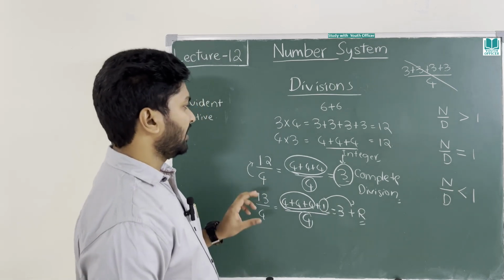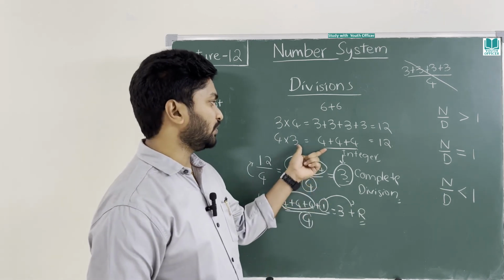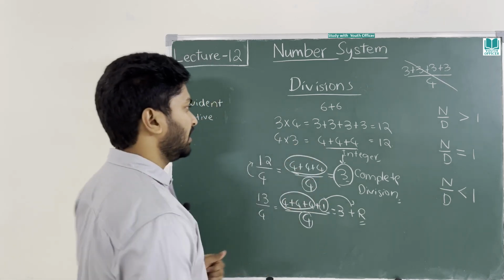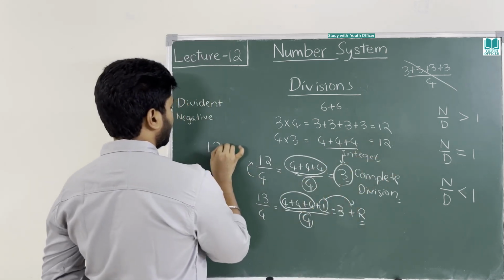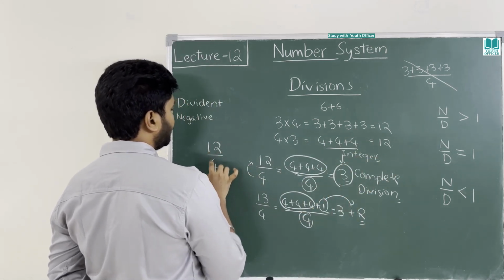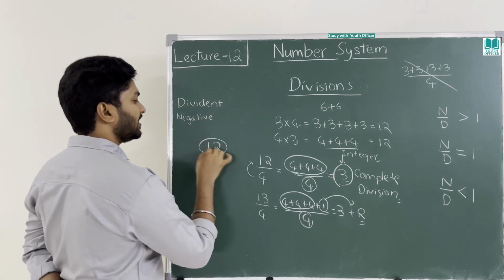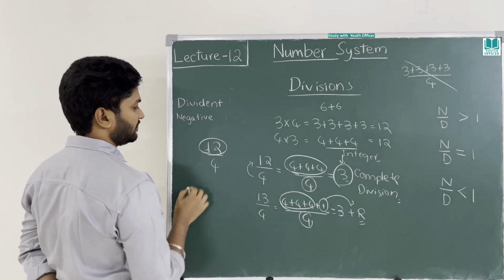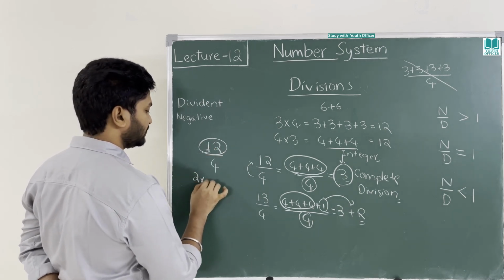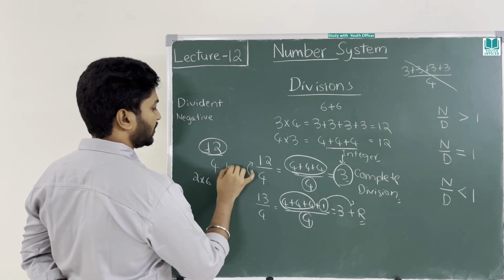You need to be very careful, very thorough with multiplications to do the divisions. Because if you know 4 into 3, 12, it's okay. But when you want to know 12 by 4, you need to know what things, if you multiply, will make 12. You need to know whether it is 2 into 6 or 3 into 4 or 1 into 12.